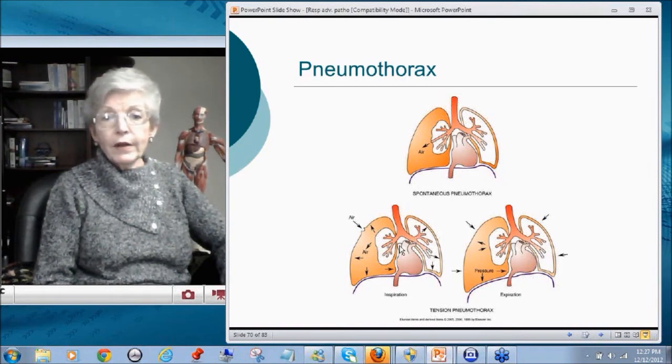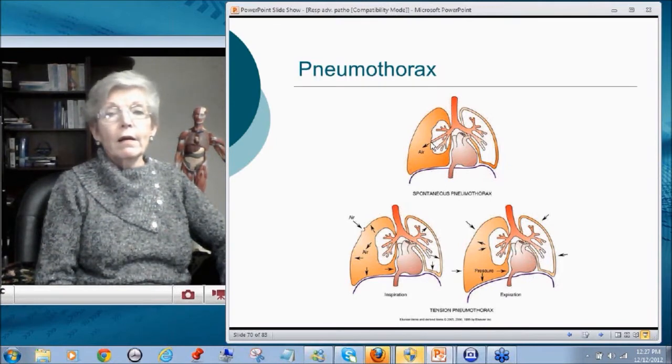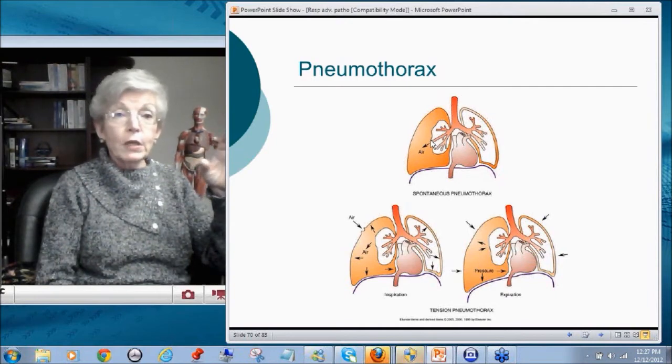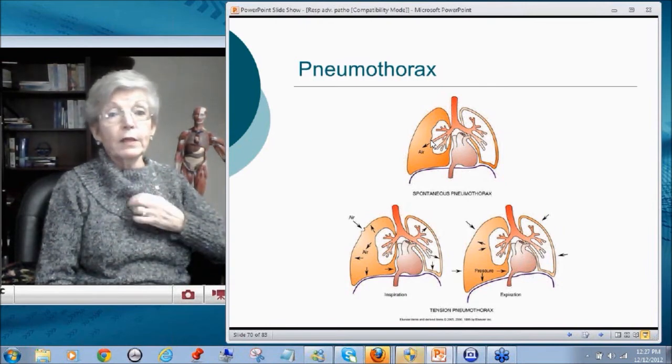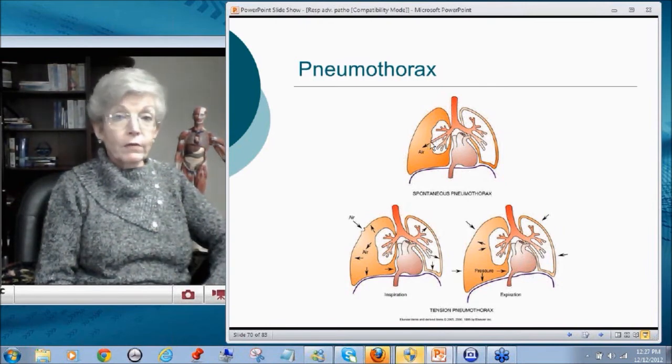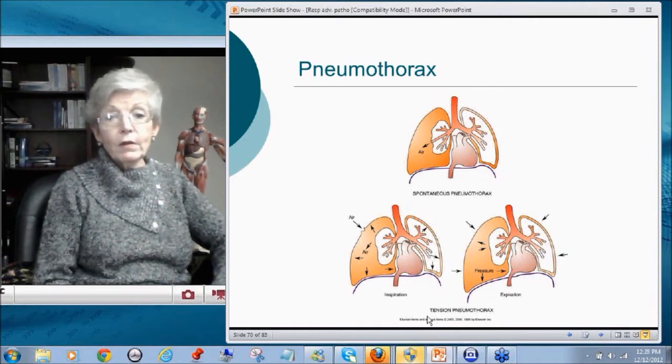A spontaneous pneumothorax can occur, for example, if someone had severe emphysema and what they call giant bullae or hyperinflated alveoli on the surface that literally rupture, and that air then could get into this pleural space. There's also a thing called a tension pneumothorax, which is a medical emergency.